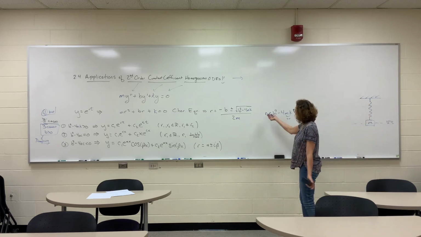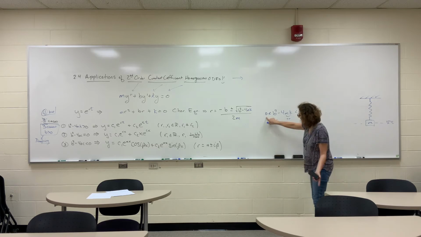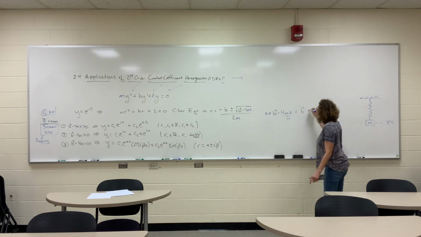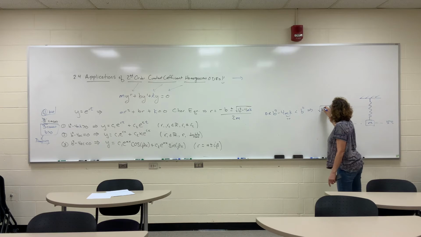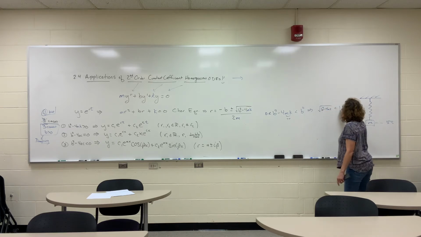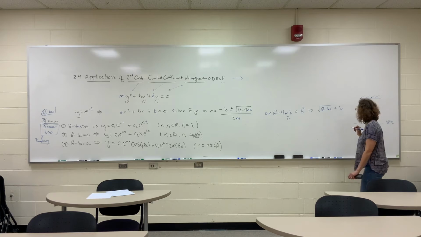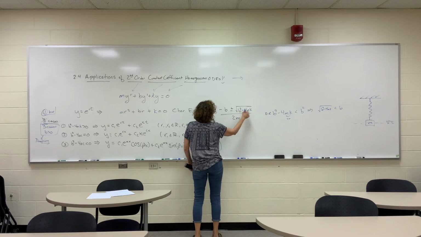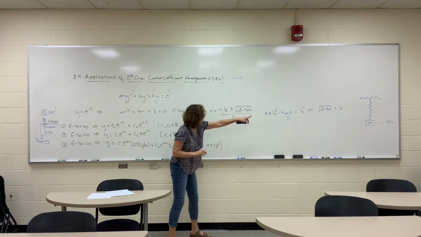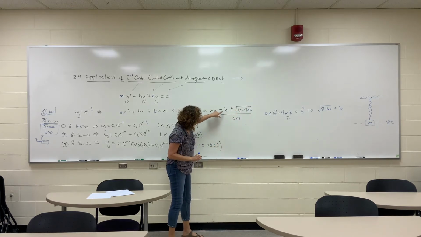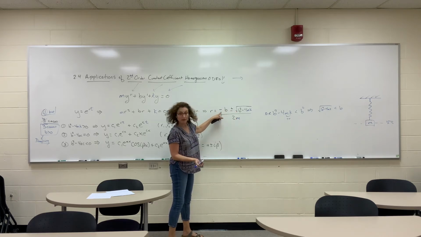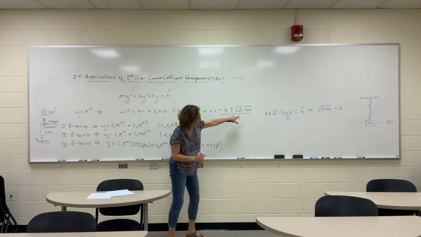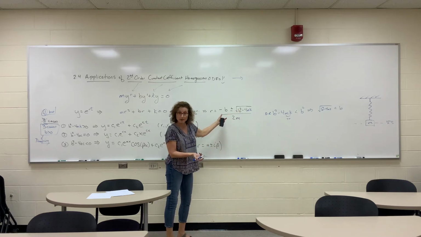If I take the square root, since this is a nice inequality and it's greater than 0, the square root of b squared minus 4mk is less than b. Remember, b is positive. So r1 is negative b plus something smaller than b, which is negative, and r2 is minus b minus something positive, which is also negative.